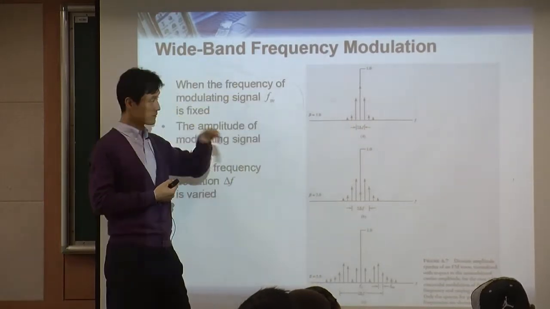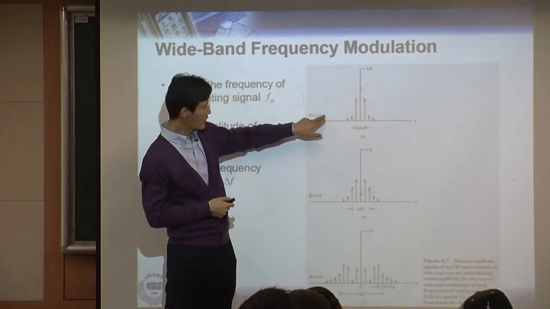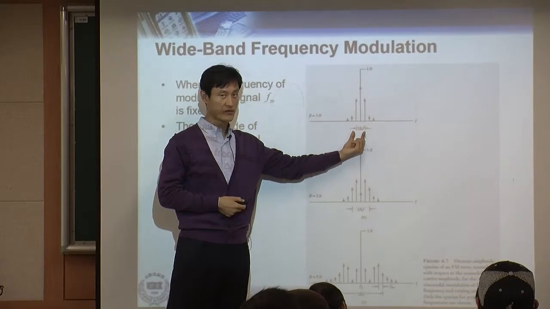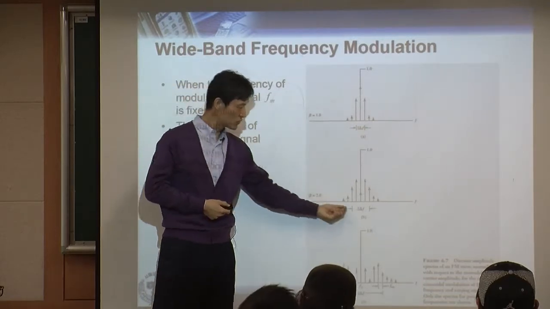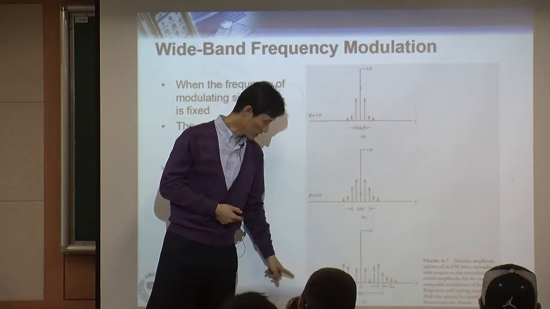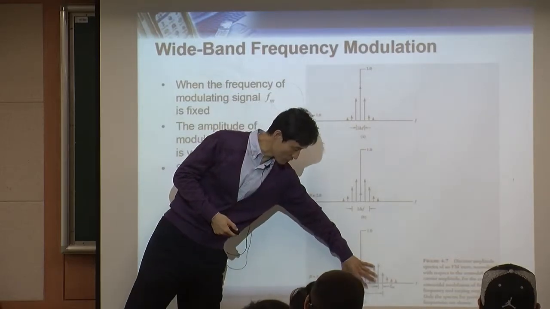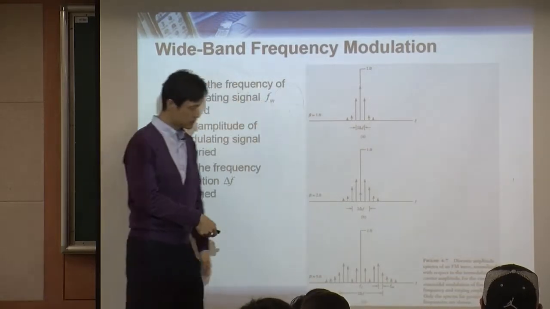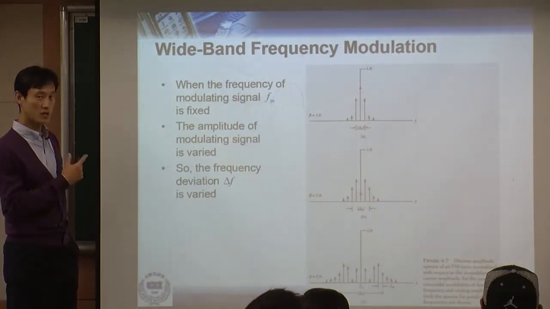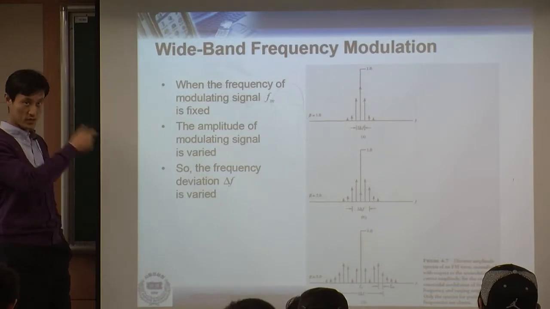So that's what you can see here. When beta equals 1, you see this is 2 delta F, and when beta equals 2, now you see a little bit bigger delta F. In the case of beta equal to 5, you have an even bigger delta F. So that's what happens when you change the beta value. So this is one way.